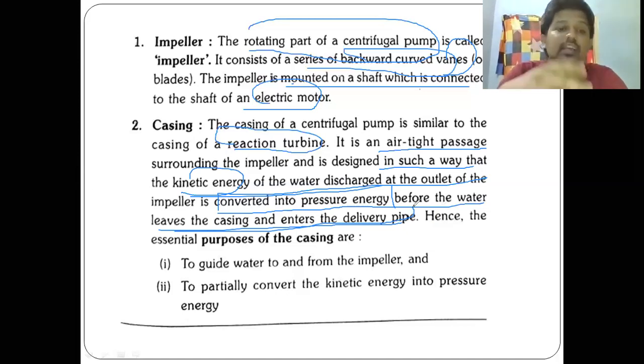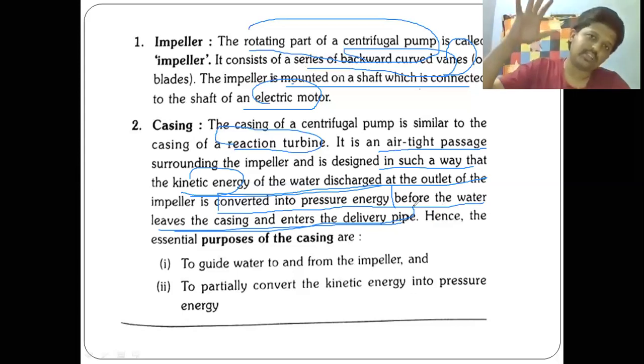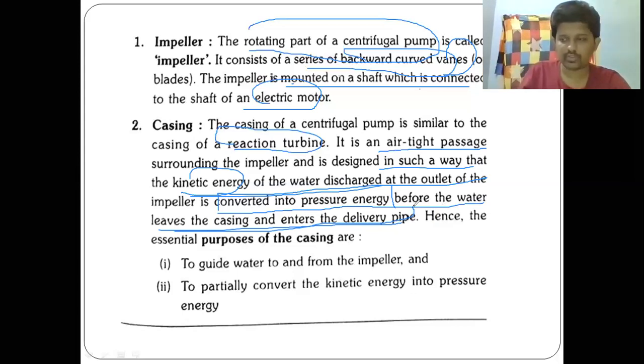So we should design the casing so that we can convert the kinetic energy to pressure energy, because in most cases we don't want water always to go very fast, but we need the impact of water. If you take any hydel power plant, water flowing with high speed impinges on the turbine blade and the turbine blade starts rotating.